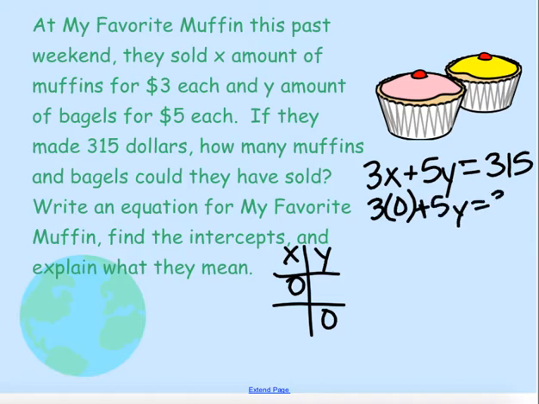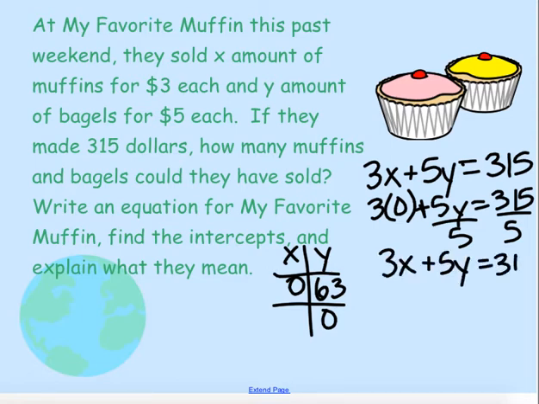I would need to take 315 and divide it by 5. And let's see, 315 divided by 5 is 63. So y is 63. And then I say if my y is 0, all right, if y is now 0, that goes away and we get 3x is equal to 315.